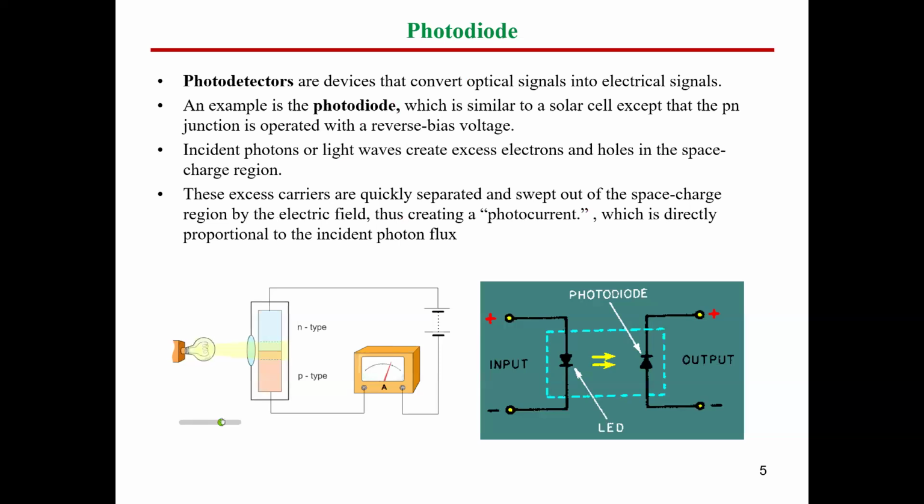One very important type of diode, guys, is called photodiode. What is the idea of the photodiode? So the concept of the photodiode is it's actually the opposite of the solar cell.